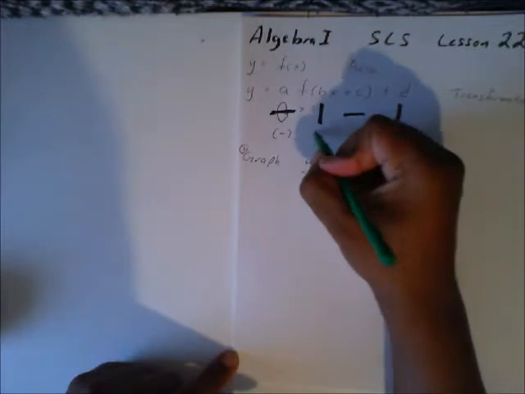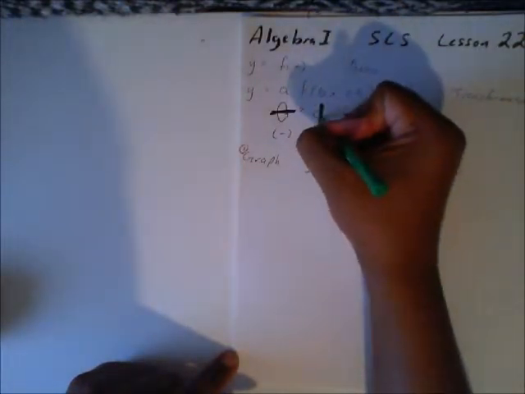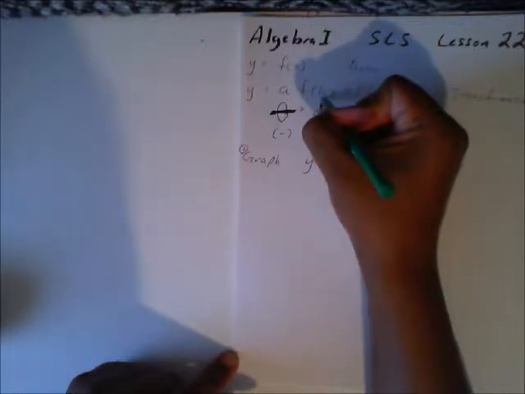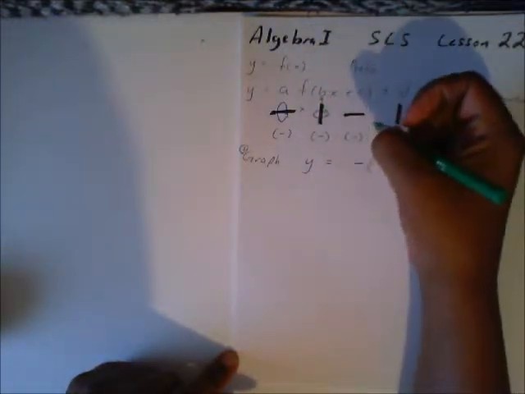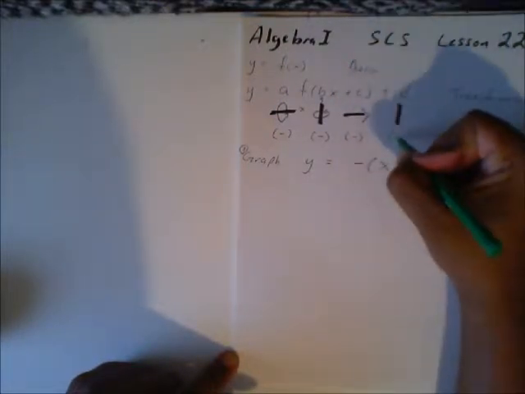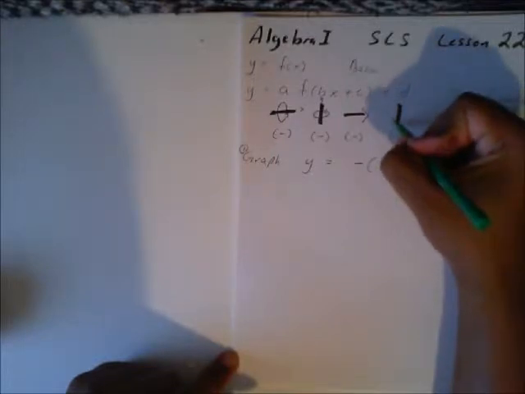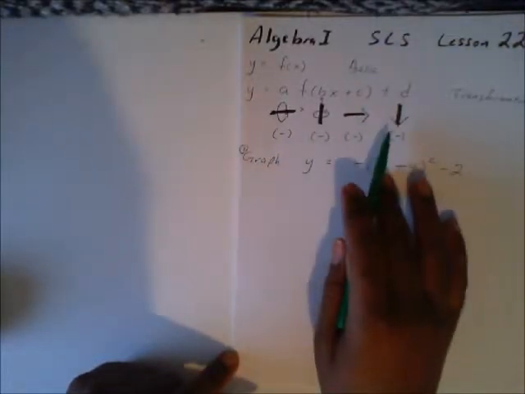If the B parameter is negative, this will give you a reflection about the y-axis. If the C parameter is negative, it will shift the graph to the right. And if the D parameter is negative, it will shift the graph downward. So those are what your four parameters would do.